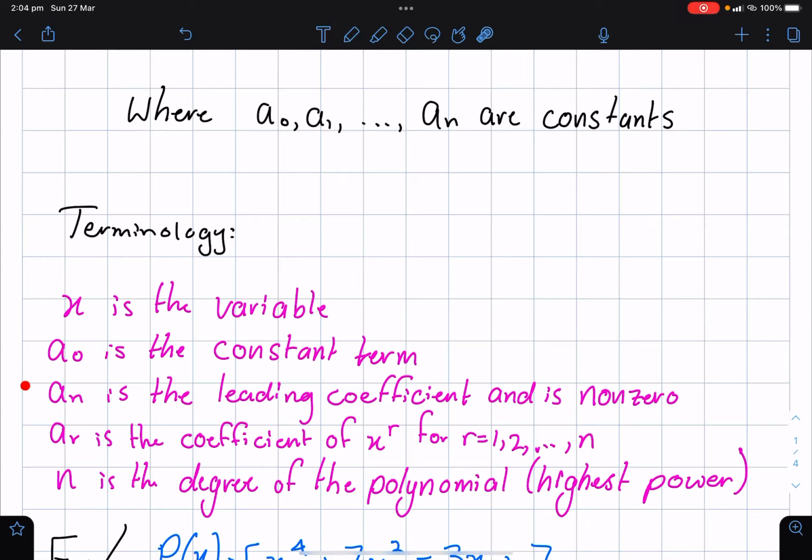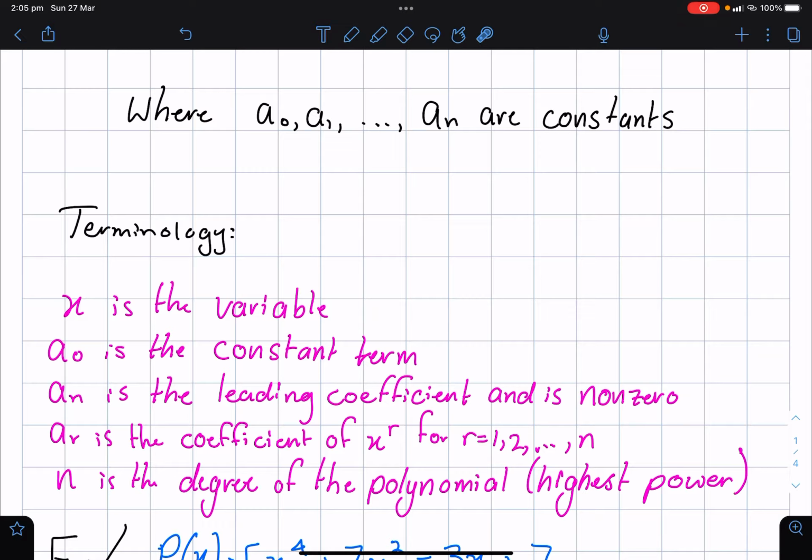An is the leading coefficient, all right? So an is the coefficient that is attached to x to the highest power, and an will always be non-zero, okay? And any other ar is the coefficient of the variable term to that r power, and this is for any r from 1 up to n, all right?